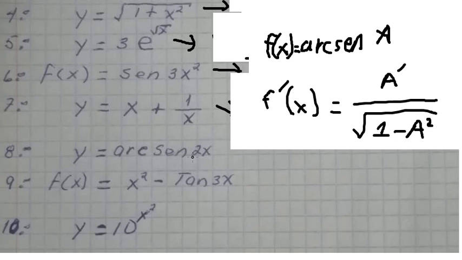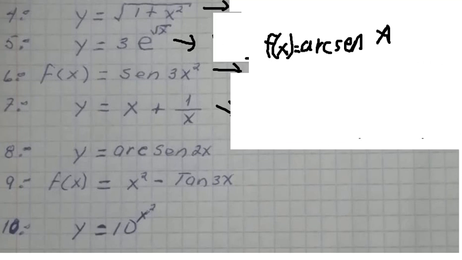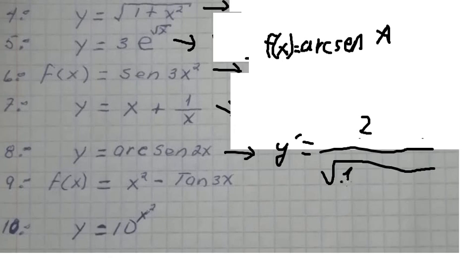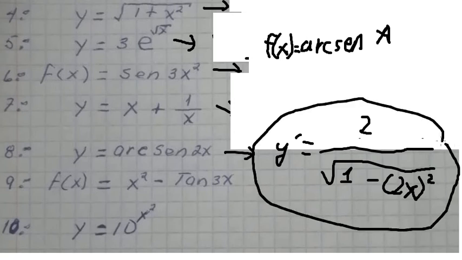We will apply this formula in here. And you will get 2 over the square root of 1 minus 2s squared. And this is the answer for the question.